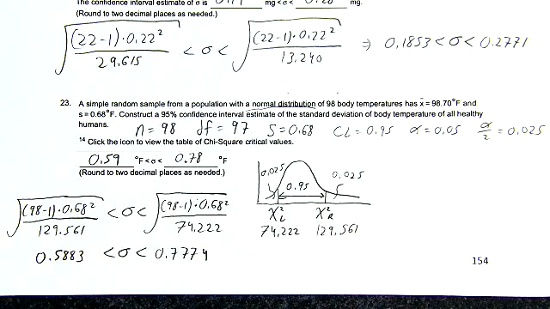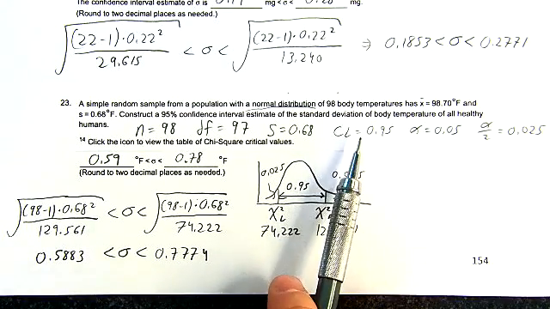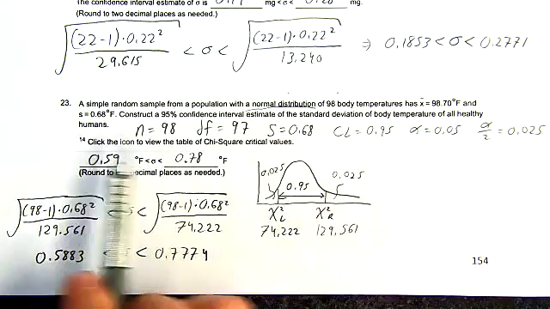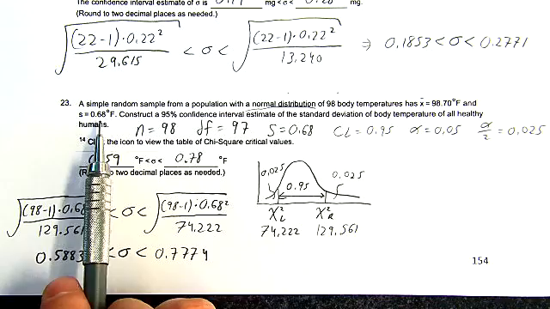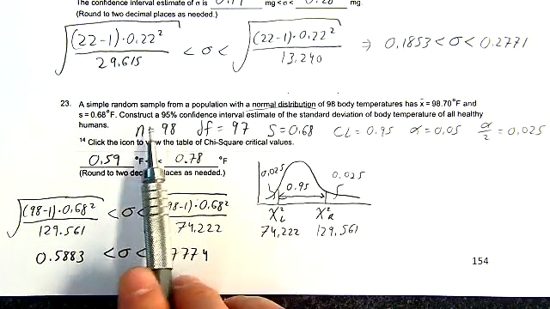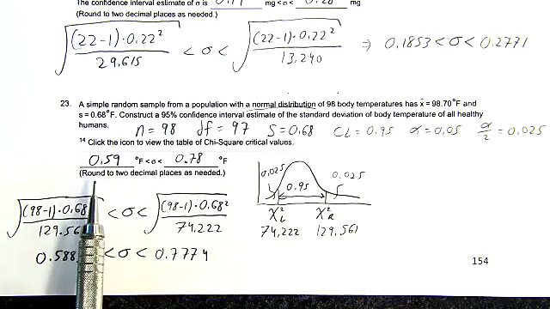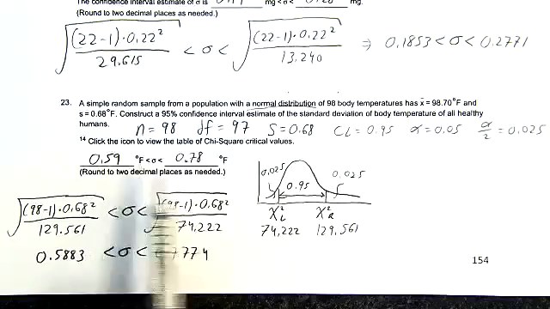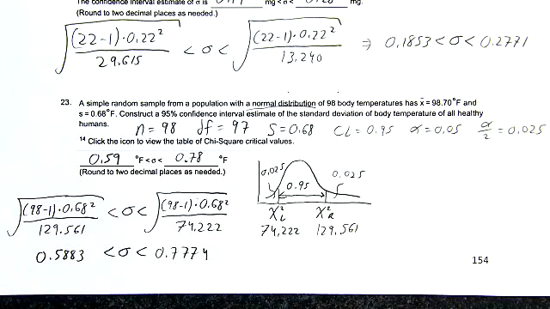So they looked at 98 body temperatures, and they found the mean to be 98.7 and the standard deviation to be 0.68. And with that information, we can say we are 95% confident that of all people, their body temperature's standard deviation is between 0.59 degrees Fahrenheit and 0.78 degrees Fahrenheit.